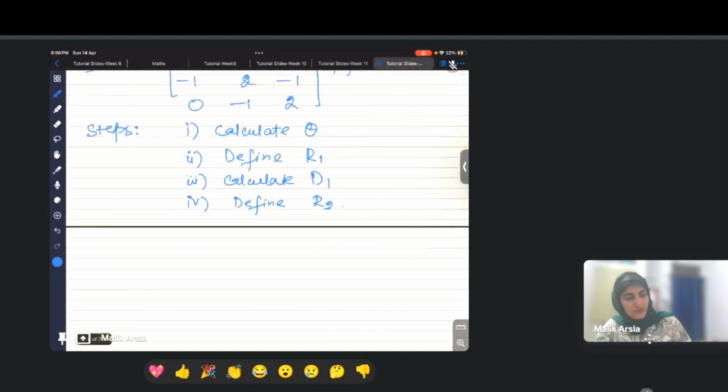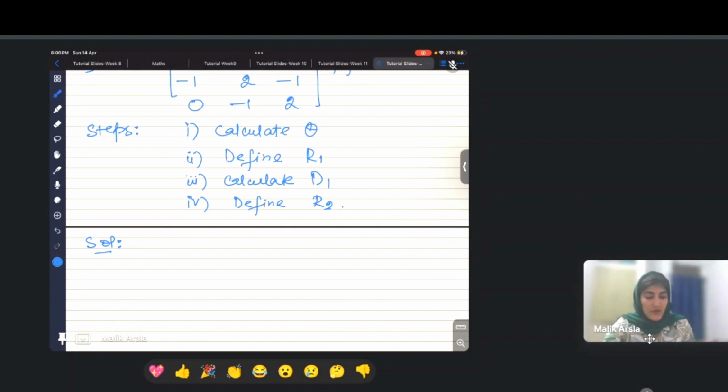R1 is 1 by root 2, 1 by root 2, 0; minus 1 by root 2, 1 by root 2, 0; 0, 0, 1.